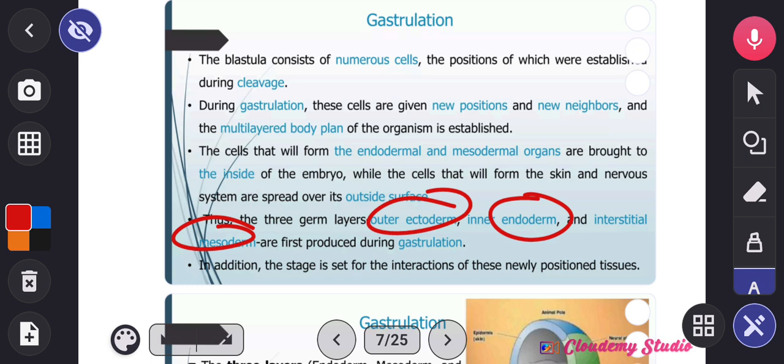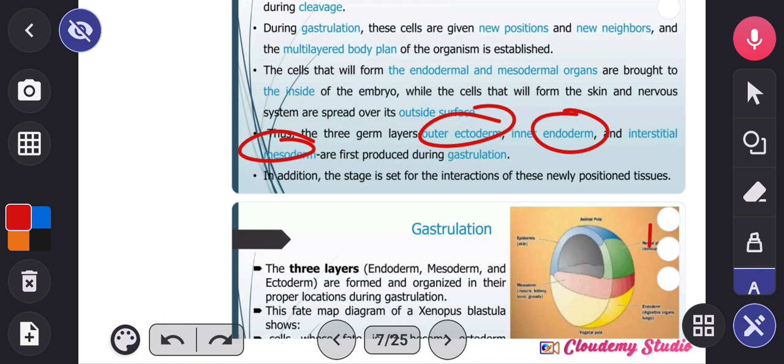And the endoderm is going to give rise to the circulatory and the respiratory system. Remember that in the organization of life, cells become tissue, tissue becomes organ, and organ becomes system. So now the three layers are formed and organized in their proper location during gastrulation.